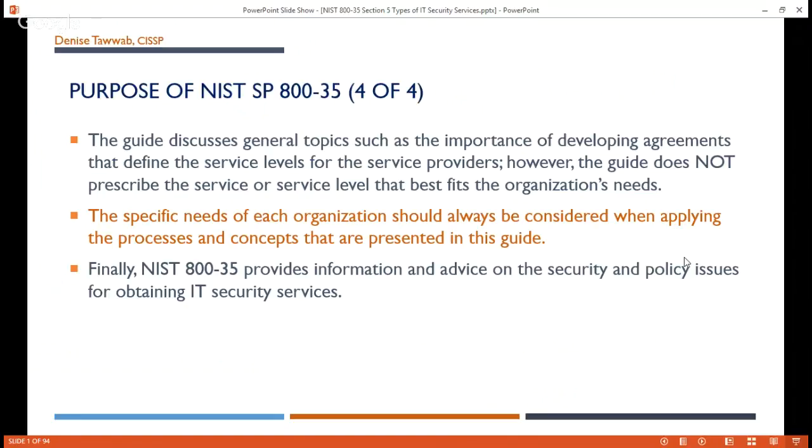This is something that you and your team will have to decide on individually as it relates to the needs in your organization. So the guide is not specifically giving you, okay, do this, but that's characteristic of all NIST publications. It gives you guidance on what to do. It doesn't tell you what to do.